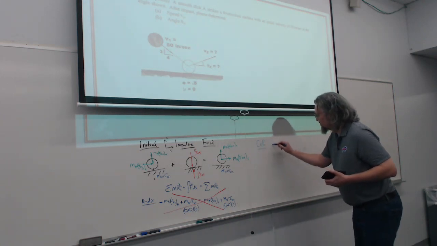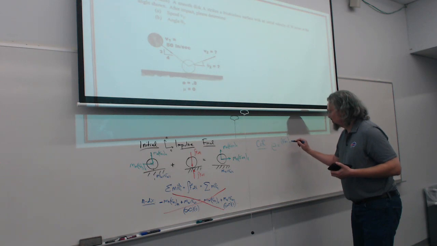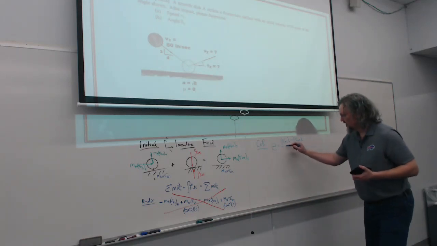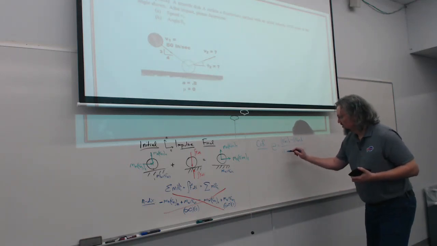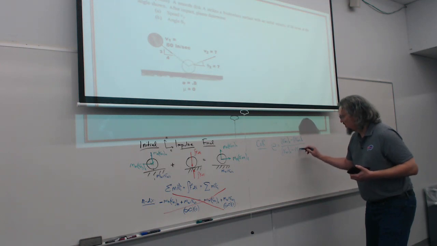So the core is going to be, here's the definition of the coefficient of restitution. We'll say the velocity of A2 in the normal direction minus the velocity of the world at 2 in the normal direction, over the velocity of the world at 1 in the normal direction minus the velocity of A1.